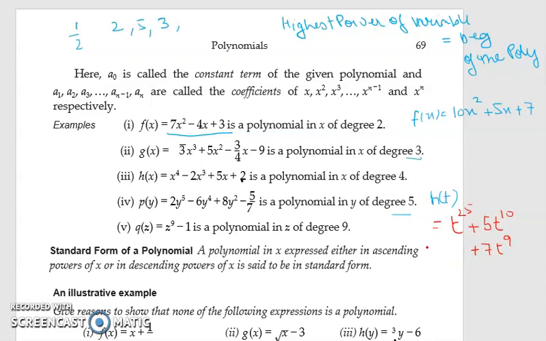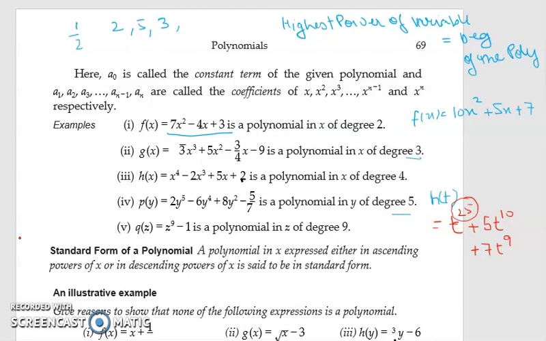What is the variable here? The variable is t. And what is the highest power? Here the power of t is 9, here the power is 10, here it is 25. So what will be the degree of this polynomial? The degree will be 25. Very good, you have understood. The degree will be 25 because this is the highest power.